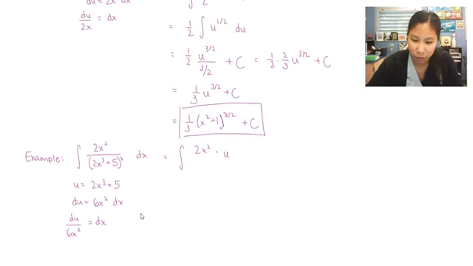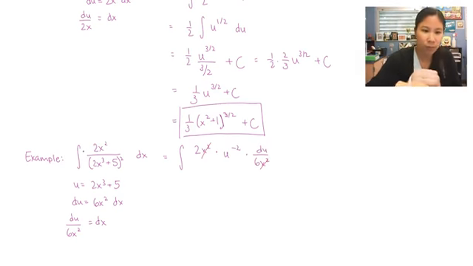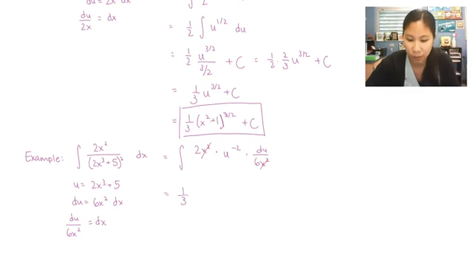So it'll be u to the negative 2 power, because the square is where the 2 comes from, but then negative because it's a fraction. And then instead of dx, I'll write it as du over 6x squared. So the x squareds will cancel. So this really leaves me with 2 over 6, which simplifies to 1/3 of the integral of u to the negative 2 du. And then now we can just apply our power rule.